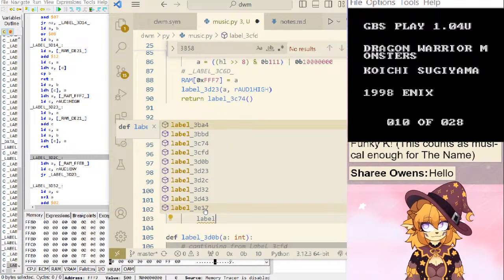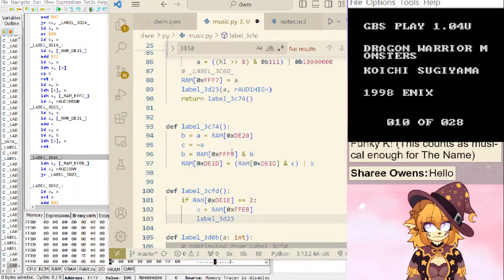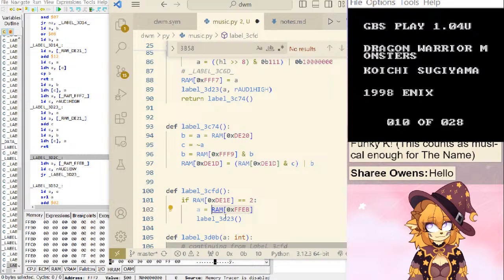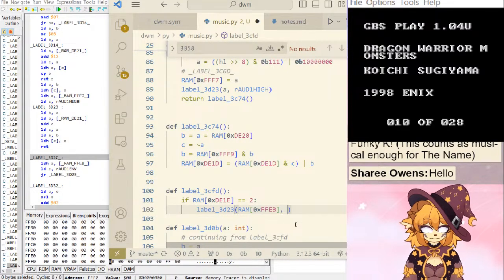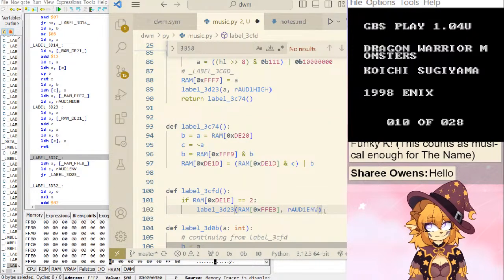Okay, label. We know that function. We know it very well. R odd and in. Okay.